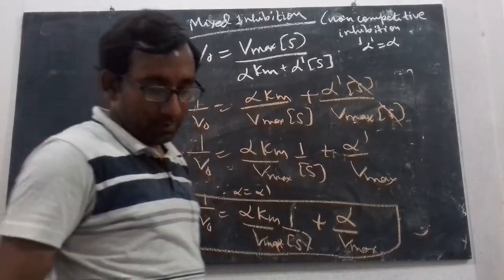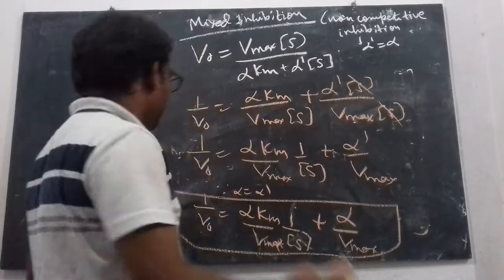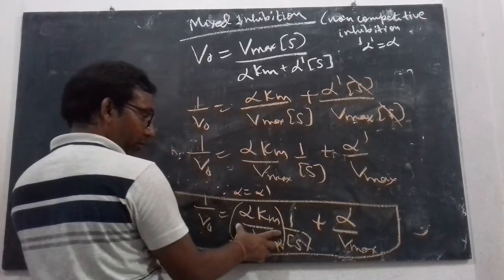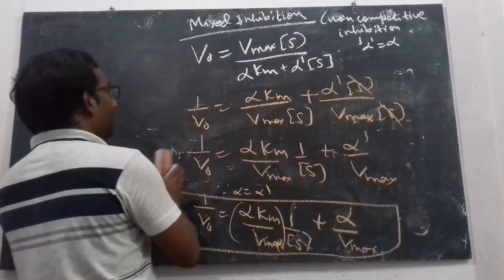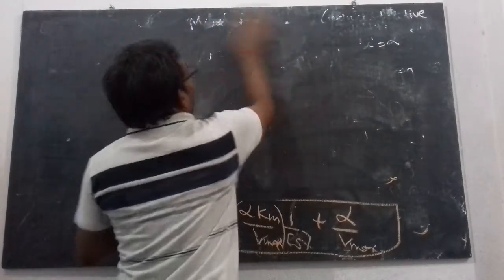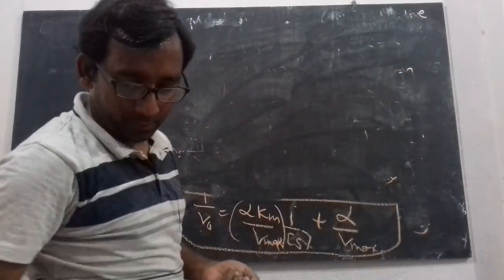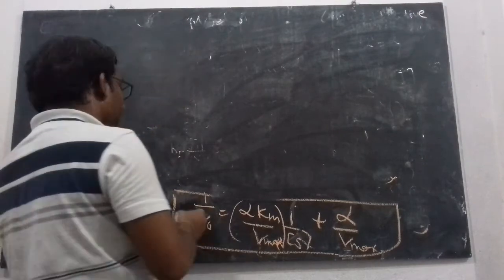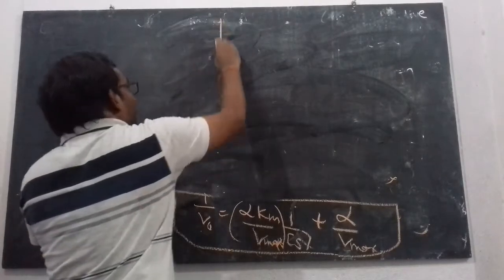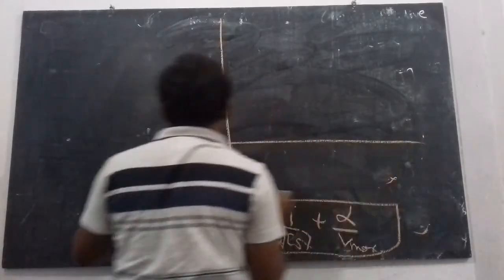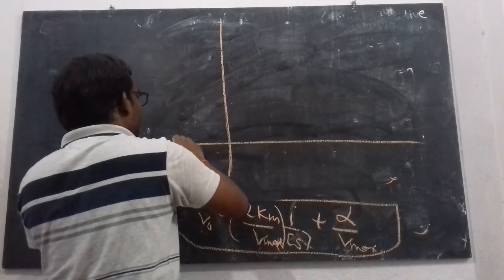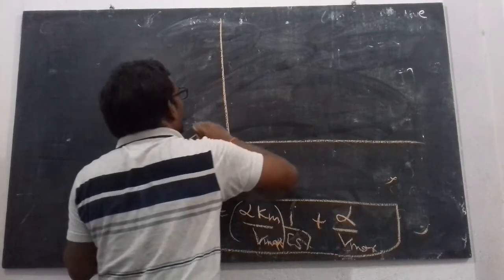Let us draw a graph. Without inhibitor, let us say the graph is like this.